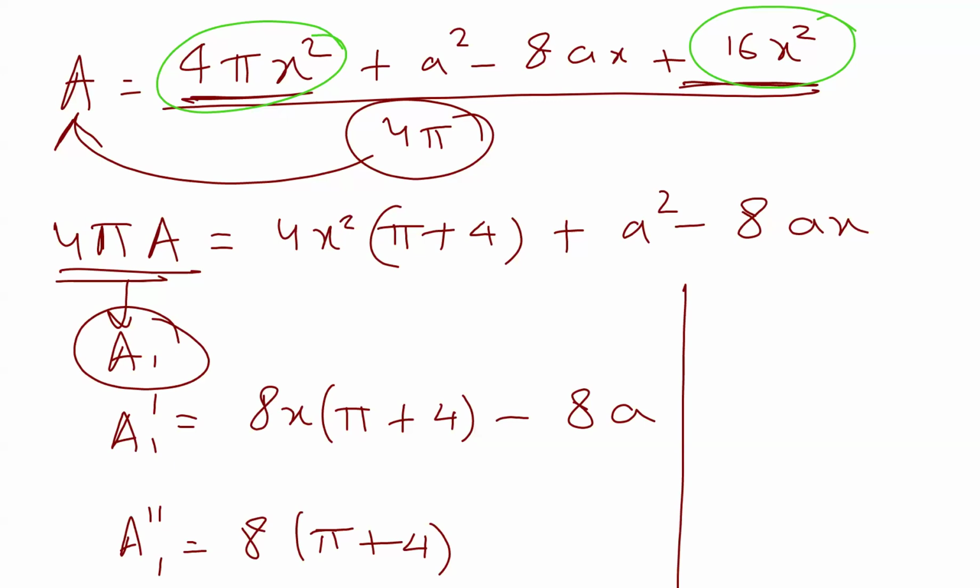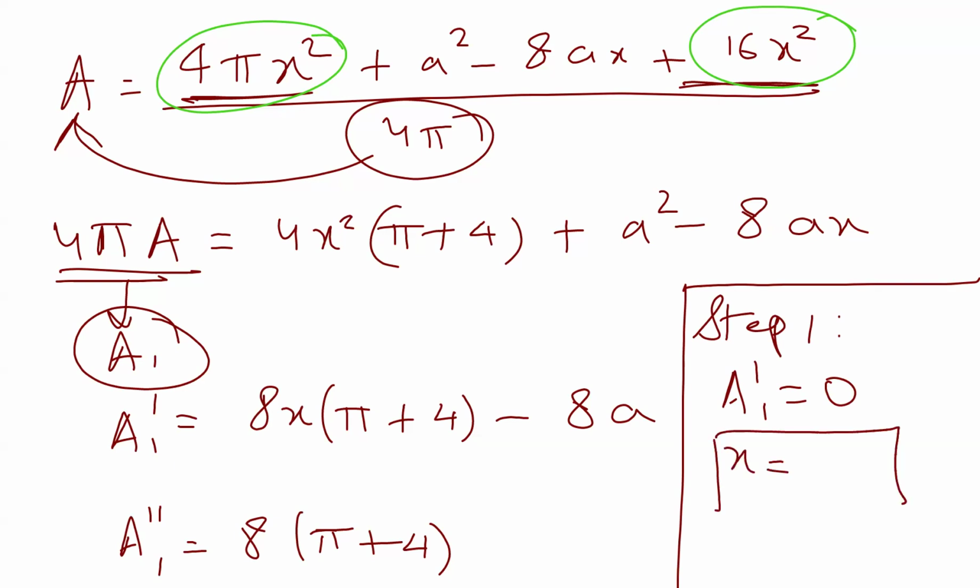Step number 1. a1 dash, first order derivative, is equal to 0. Okay. So by solving this, can someone tell me what is the value of x? Equate a1 dash to 0.